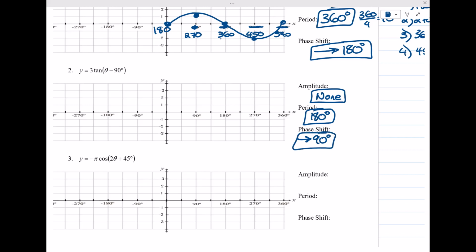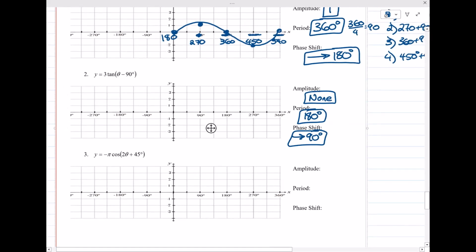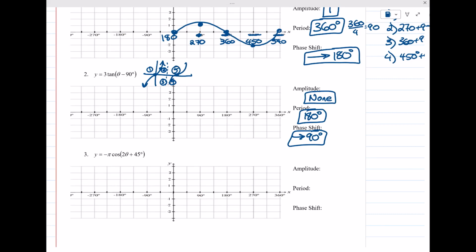So the way we're going to graph this is we're going to remember what tangent usually looks like. Tangent usually looks like this. So starting at 0, we have 1 point, 2 points, 3 points is the asymptote. 4 points is down here, and then 5 is 0.